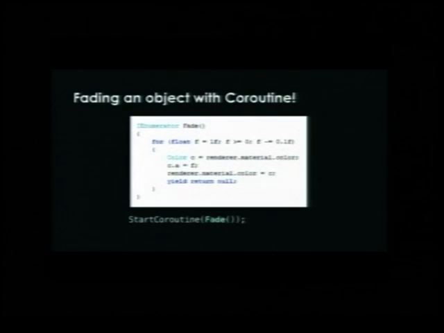This line is a point where Unity pauses this coroutine's execution, and then leaves the coroutine and executes more code, anything else, and then gets back to this coroutine and continues the next iteration of the for loop. So an object that has this component attached can fade off and then disappear. That's coroutine.